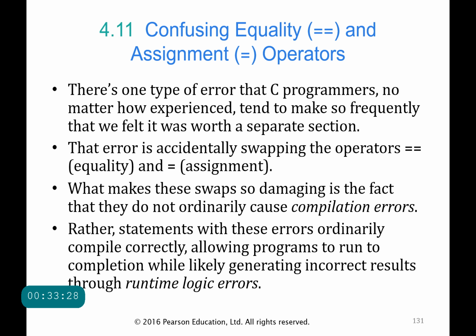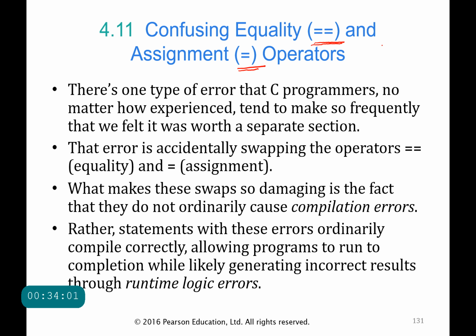Finally, one more thing, and this is something that you hopefully know already. Do not confuse equality operators with the assignment operators. These are two very different things, and they can lead to serious problems in your program if you confuse the two. So always remember that if you want to compare two variables or two conditions, then you have to use double equal to, which is the equality operator.